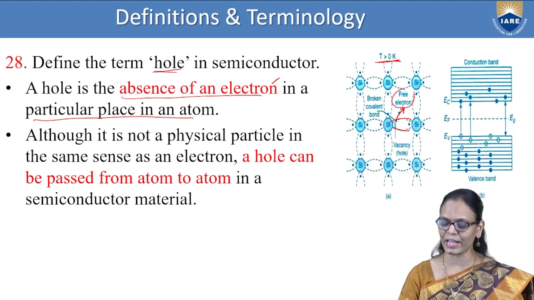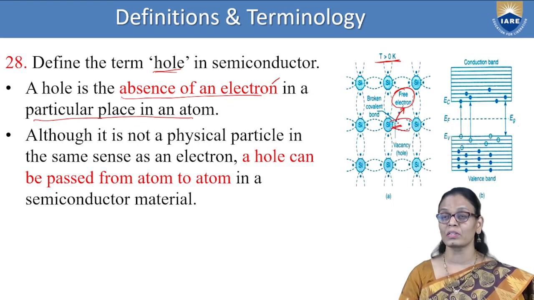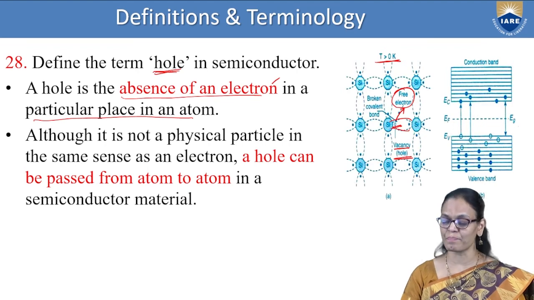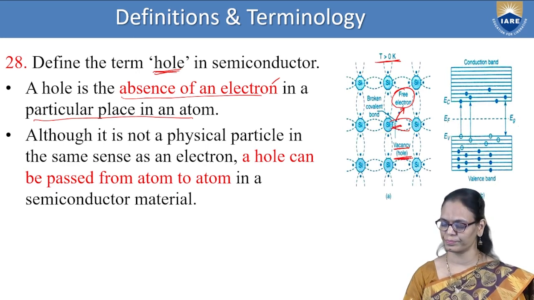The electron has moved out from this position. The absence of the electron here, we call it a vacancy or hole. So what is a hole? It is nothing but the absence of an electron, the site from which an electron is removed. It is the vacancy, or a hole.